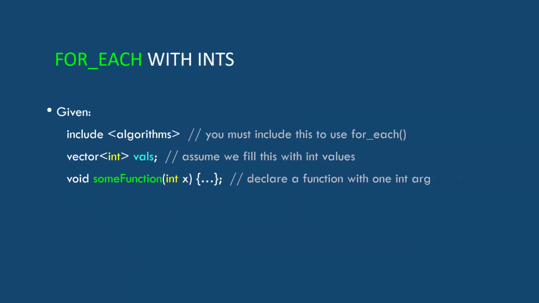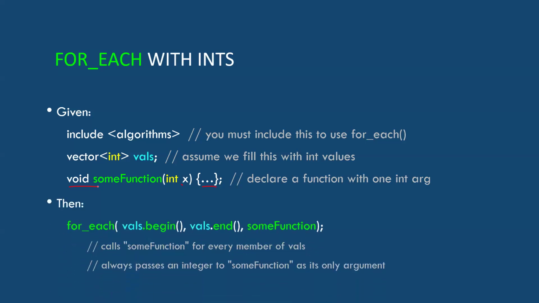Let's say we have some function that takes one argument and does something, and doesn't return anything at all. So I can use for each this way. For each vector of values, let's assume that it has values in it. Vals begin, comma, vals end. Here's the function I want you to call on each one of those values.